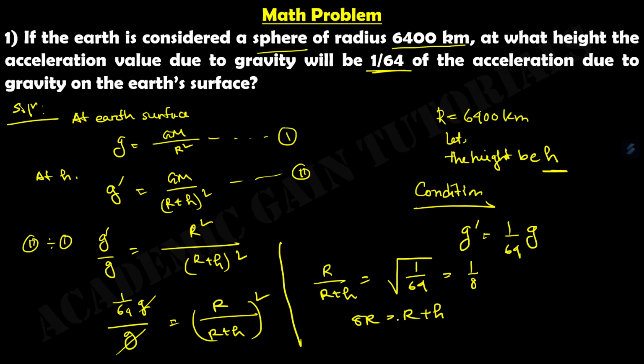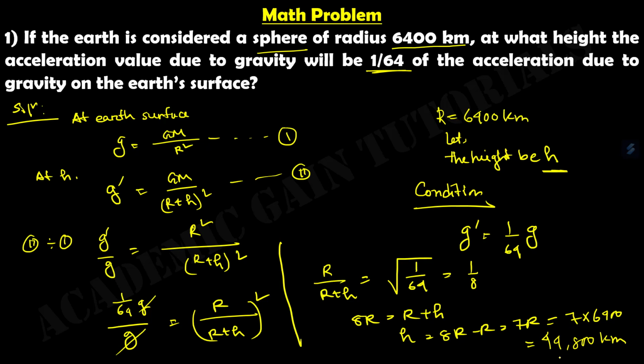So from that we can say that h equals 8r minus r, or equals 7r, and we know the value of r is 6400 kilometers. So it will be 7 into 6400 kilometers, which is equal to 44,800 kilometers.